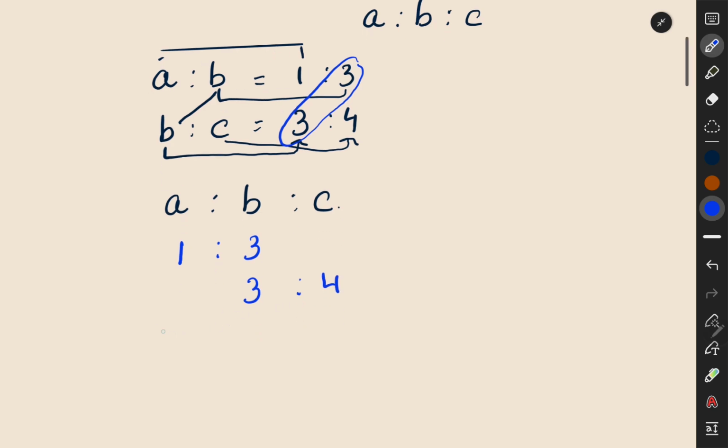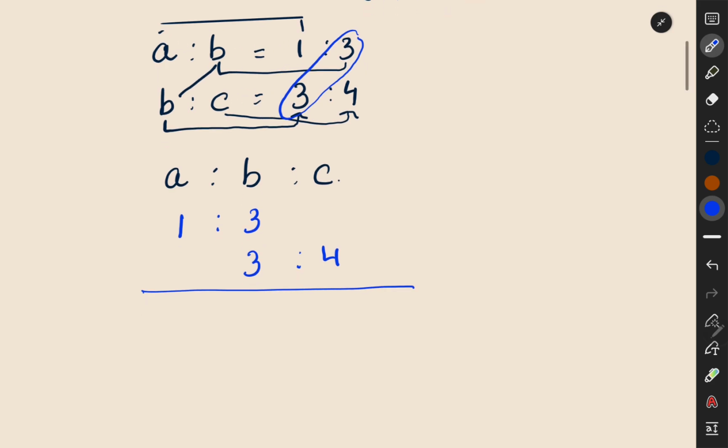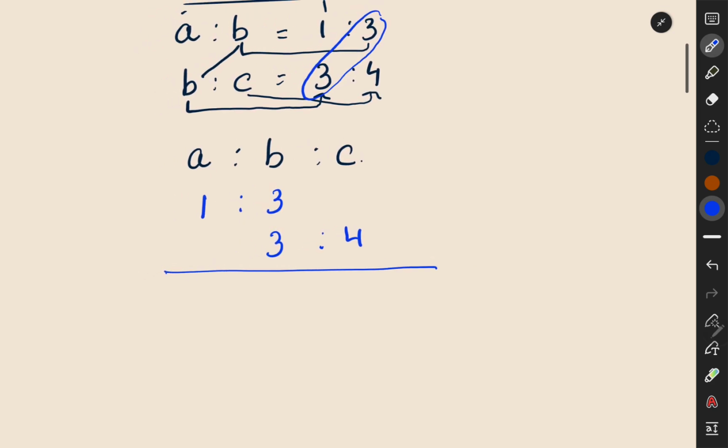Now to solve it, here we have the element B which has same values, that is 3. So when we solve this type of continued ratio, we write 3 as it is here, and 1 here, and 4 here.